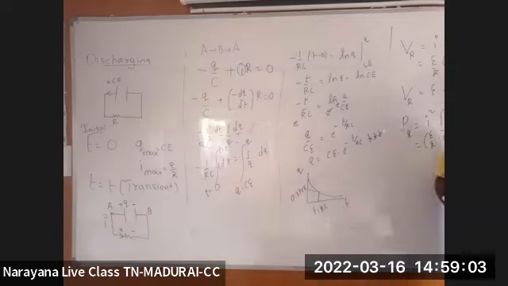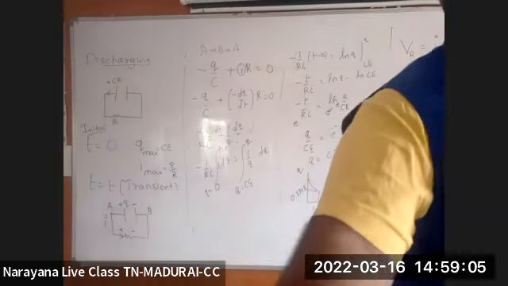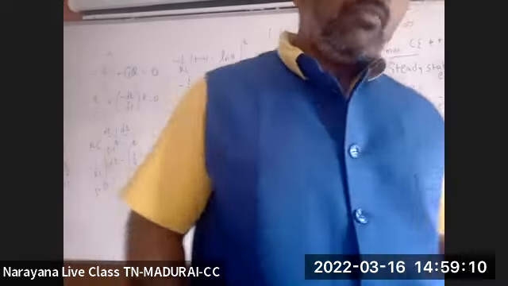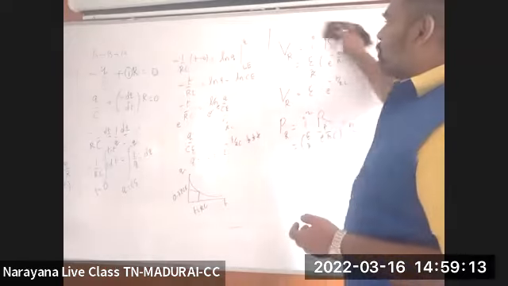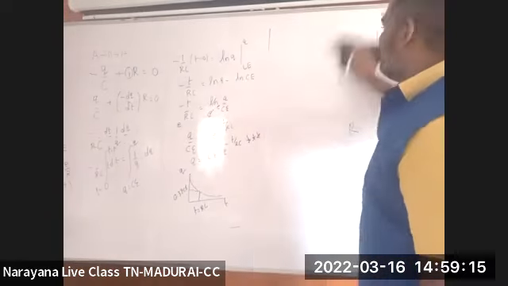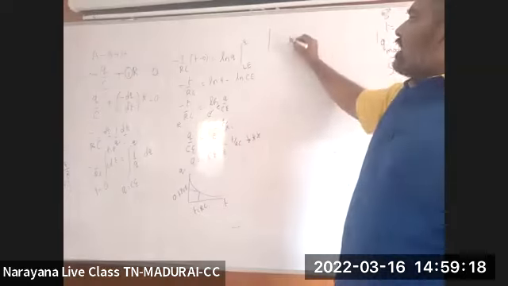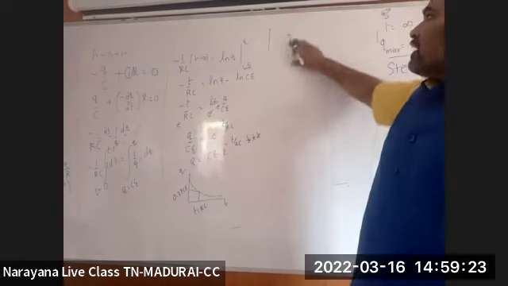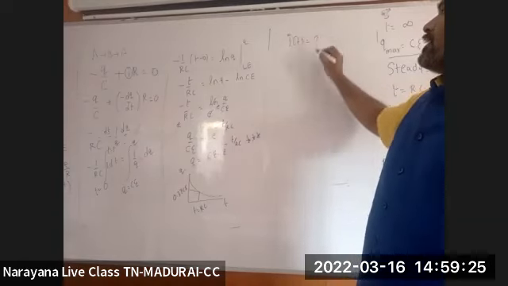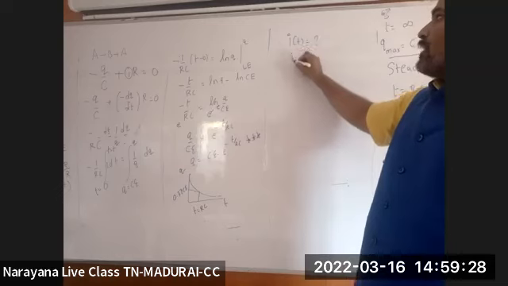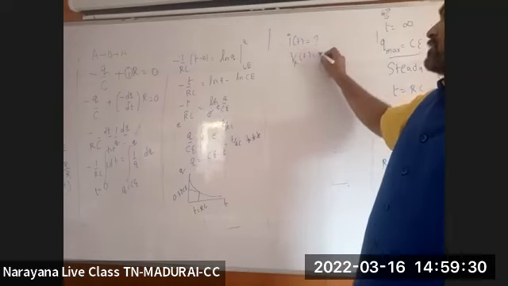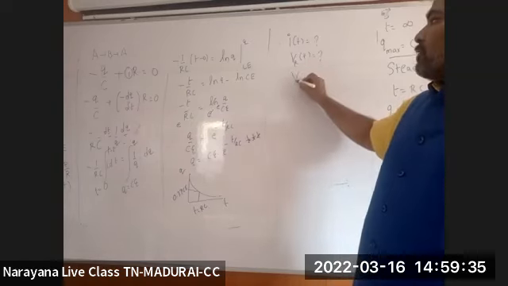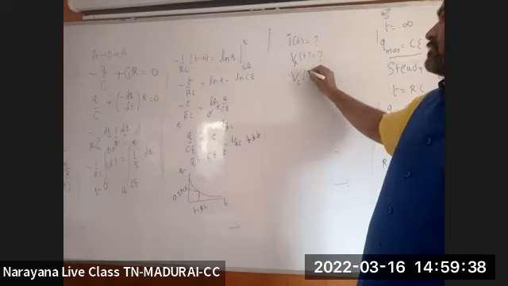I want to find the current in the circuit after t seconds. This you have to do. Some tasks I will give right now. You people have to do them. First question: what is the current in the circuit after t seconds? Second question: what is the voltage drop across the resistor after t seconds?